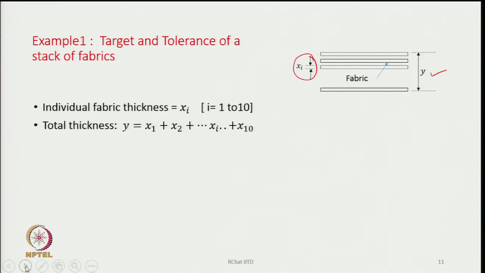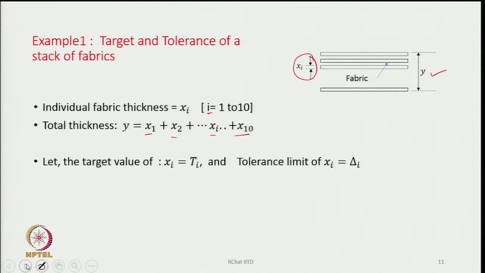So, the total thickness is going to be x_1 plus x_2 up to x_10, because we say i is varying from 1 to 10, that is there are 10 layers of fabrics. Let the target value of small x_i be T_i, and the tolerance of small x_i be delta_i.